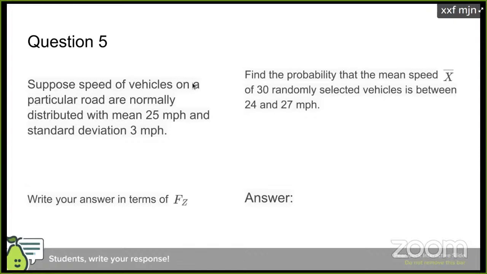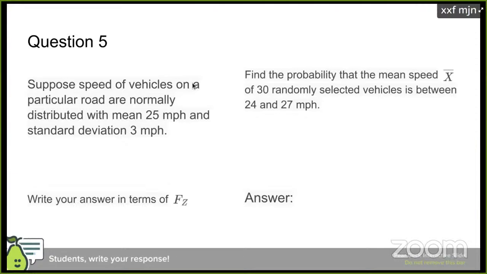The central limit theorem applies here. What we do in central limit theorem is subtract the mean and divide by standard deviation. Here two different sides are there, but the same procedure you have to apply. So 24 minus mu divided by sigma, and that side also 27 minus mu upon sigma.